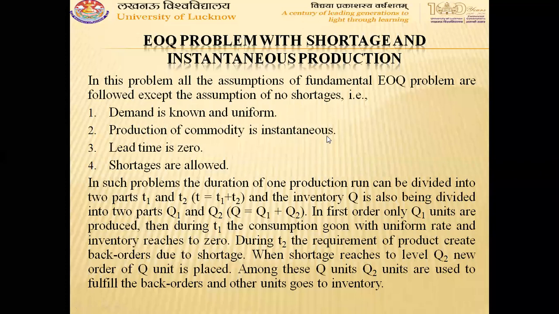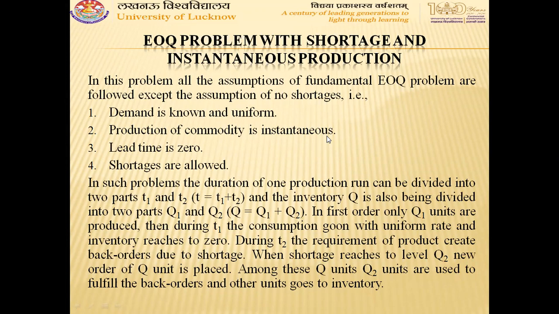So the assumptions of the EOQ problem with shortages and instantaneous production will be: demand is known and uniform, production of the commodity is instantaneous, lead time is zero, and shortages are allowed. That means in this problem we can divide the production run into two parts, T1 and T2, so that T equals T1 plus T2, and the total quantity ordered, Q, can also be divided into two parts, Q1 and Q2.